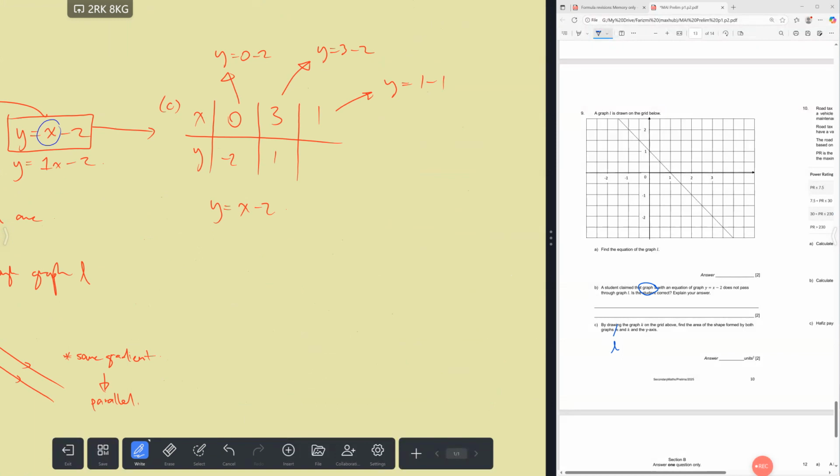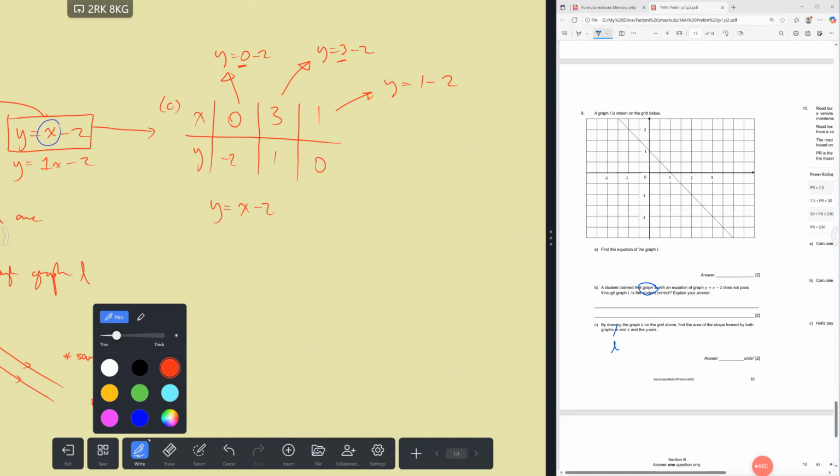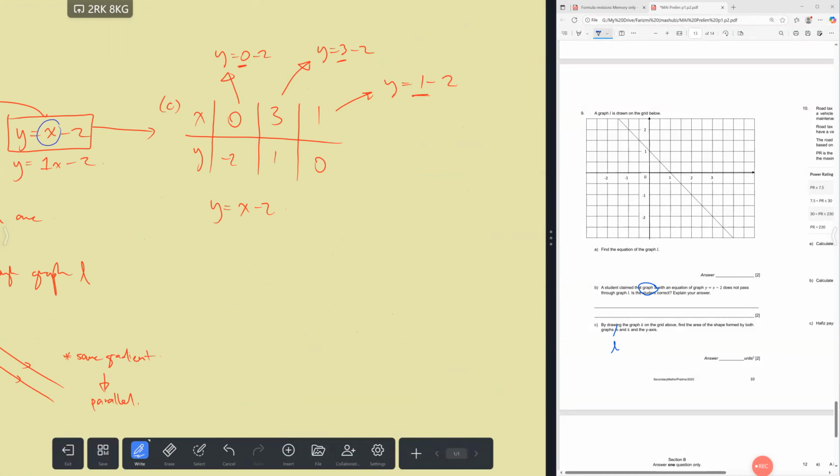It is 1 minus 1, so it's 0. Because it's x minus 2, oh my goodness, what's happening with minus 2? Sorry for the mix-up. It's x minus 2, x minus 2, x minus 2, and these are the values of x you're going to put inside. I do apologize for that. And of course, you don't get a 0, you get a minus 1.